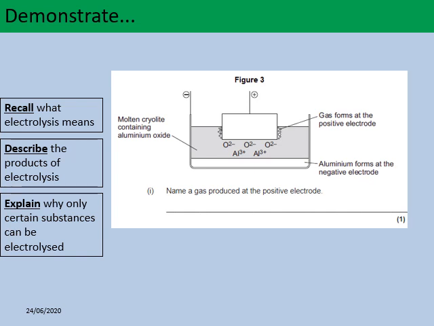So the question is, name a gas produced at the positive electrode. The answer to that question is oxygen. You can see there are oxide ions, O2-, in the molten mixture, and those oxide ions will move to the positive electrode because they're negative, and when they're there, they will form oxygen gas.